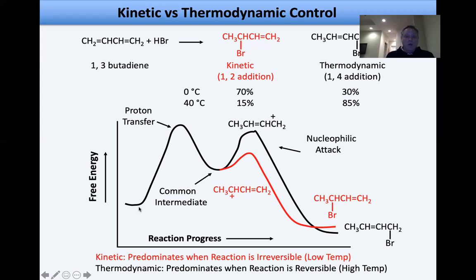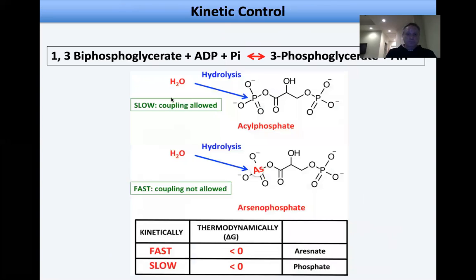The reason why this reaction is irreversible is because there's not enough energy to go the reverse way and get over these activation barriers. But accordingly, there's enough energy at the low temperature to overcome the proton transfer barrier. Thermodynamic products predominate when there's enough energy in the system, so it's reversible, and that's at high temperature.